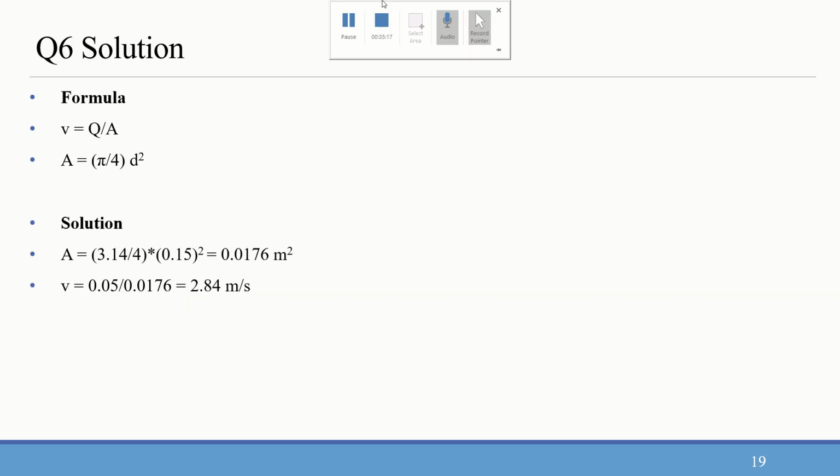So now we'll go to the next question. Question 7: the Reynolds number characterizing the flow is dash.